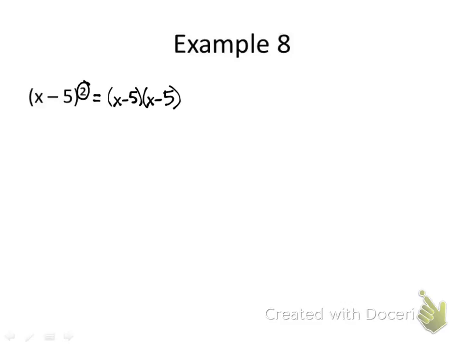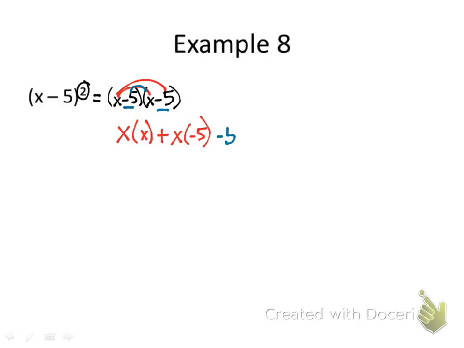So you're going to multiply everything in the second set of parentheses by an x, which is x times negative 5. Then you're going to multiply everything in that second set of parentheses by the negative 5. Again, I'm keeping the negatives with the 5s. I'll clean up the signs later.